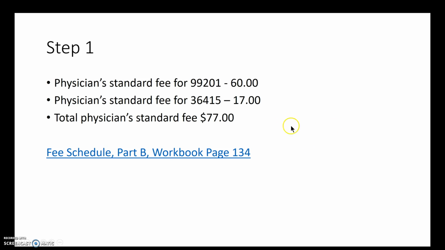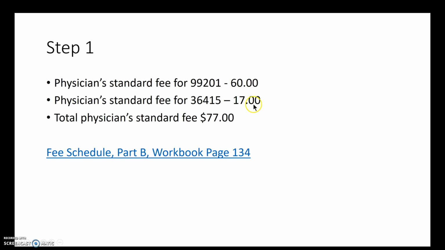So step 1, we would look at the physician's standard fee. This is to determine if the patient did not have Medicare, how much the patient would have to pay. Now the patient has 99,201, which if that were not a Medicare patient, they would pay $60 for this, or the physician would charge $60. For the blood drawn, 36,415, the standard physician's fee is $17.